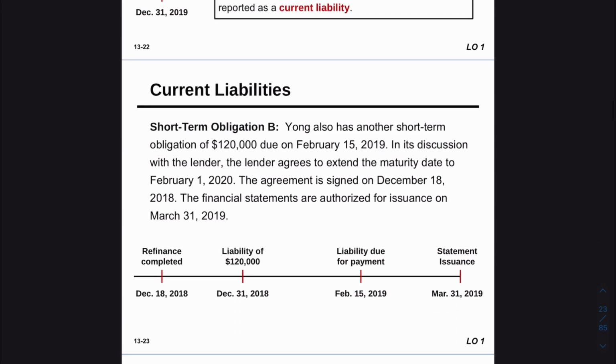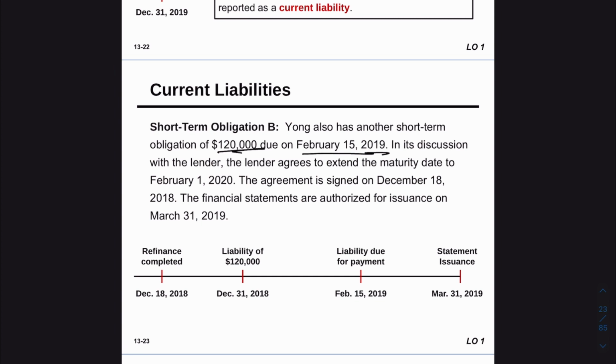But the other one, short-term obligation B, is that Young also has another short-term obligation of 120,000 due on February 15, 2019. And in its discussion, the lender agrees to extend the maturity date to February 1, 2020.